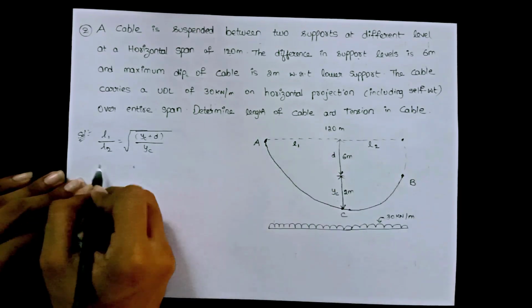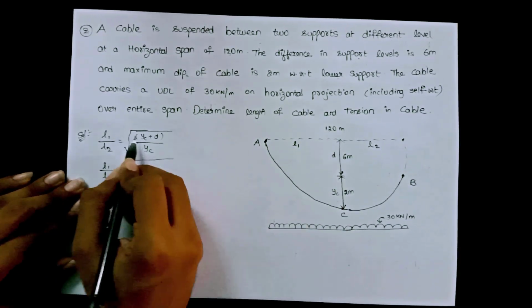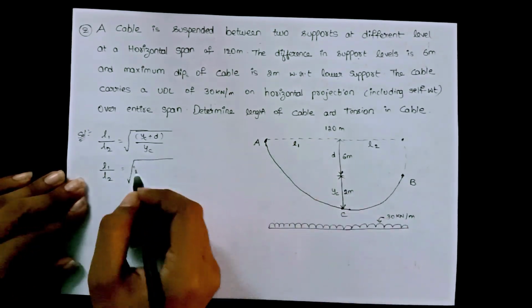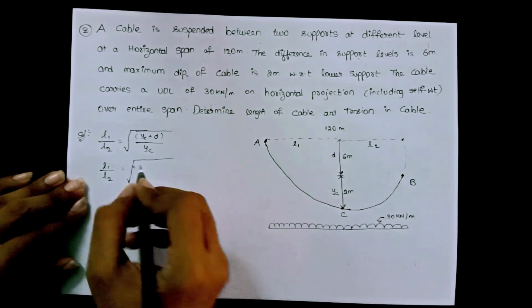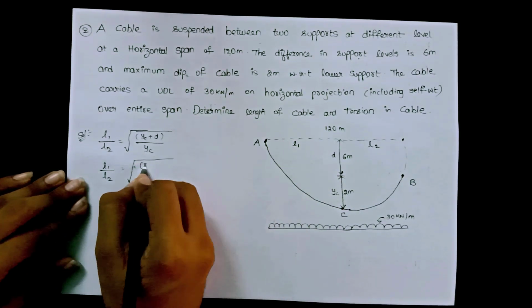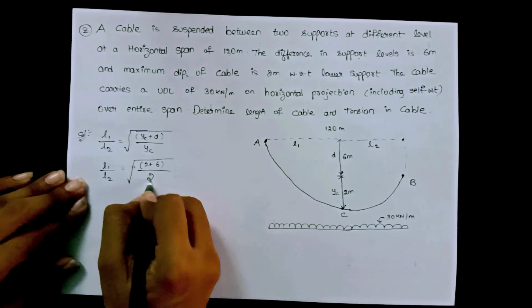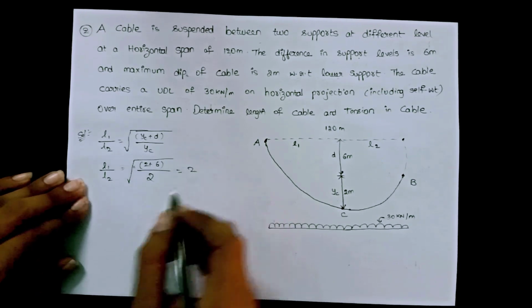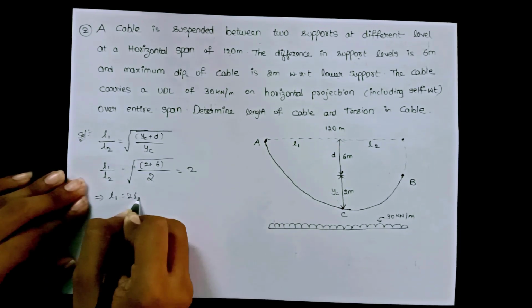L1 by L2 equals the square root of (Yc plus d) by Yc, where Yc equals 2 meters and d equals 6 meters, divided by Yc, which is 2. Now the value is 2. From this we can say that L1 equals 2 L2.